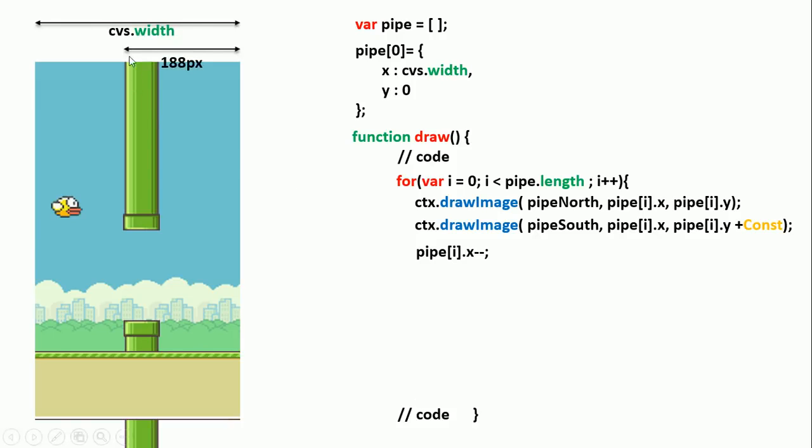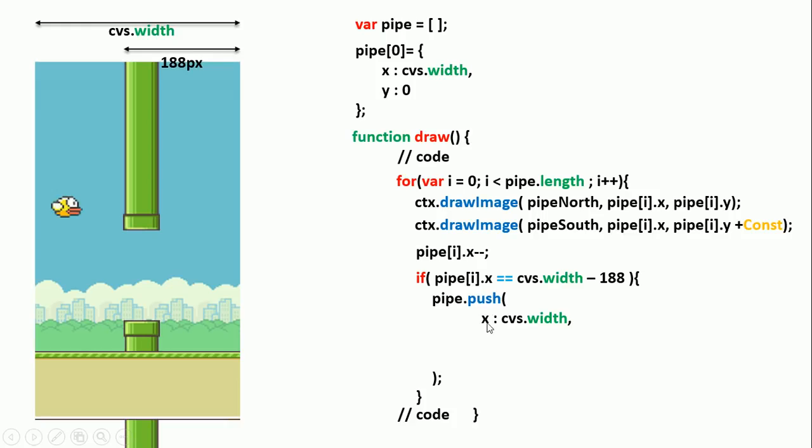So what I want to say here is when our pipe reaches this position, we have to add new coordinates to our pipe array. So we will say if pipe[i].x equals canvas.width minus 188, which means when our pipe reaches this place, we have to push new coordinates to our pipe.